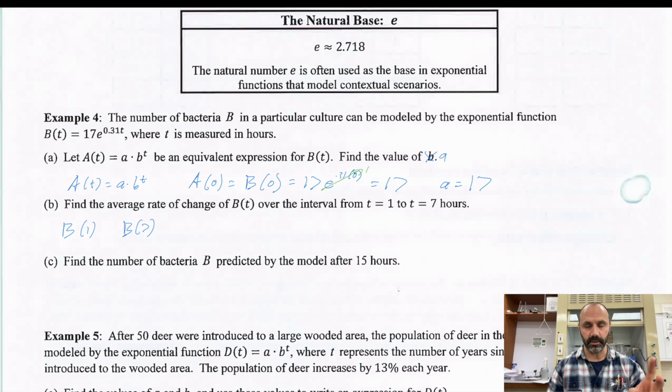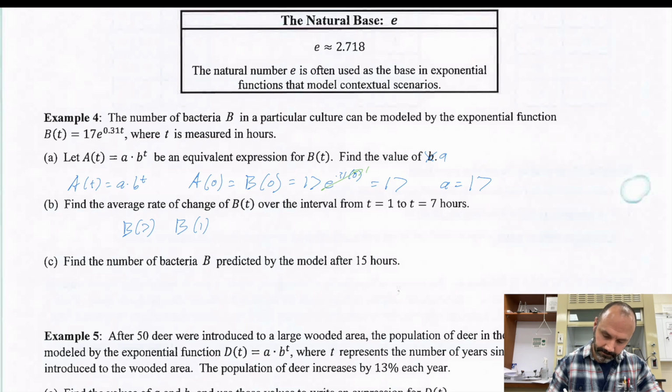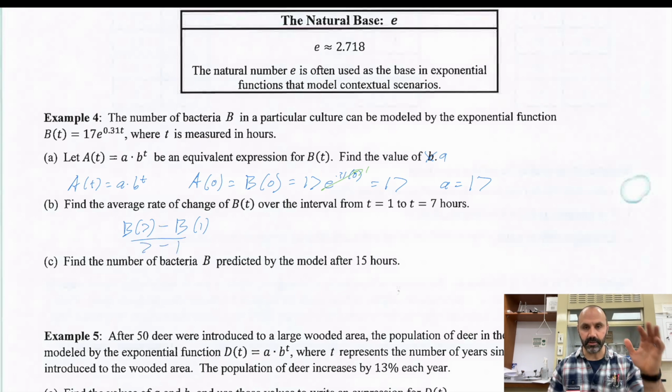And remember, it's like slope, so rise over run. I'll take these two values and put them into the slope formula. The rise is given by the output and the run is given by the input. When you do this calculation, it's a little messy with the calculator, but you can get it.